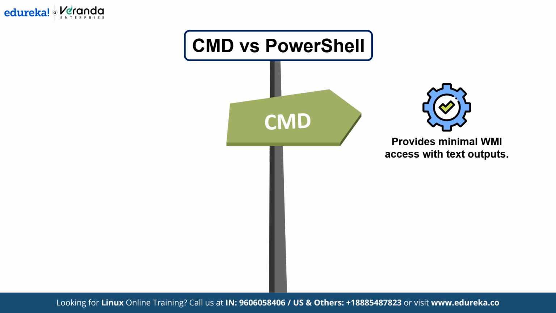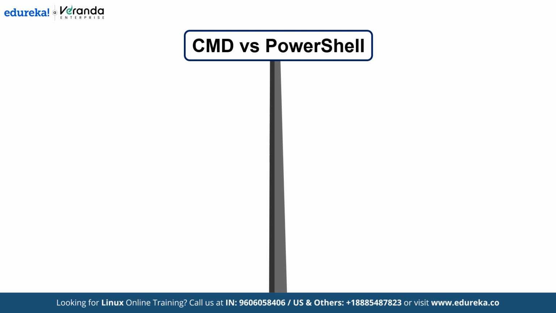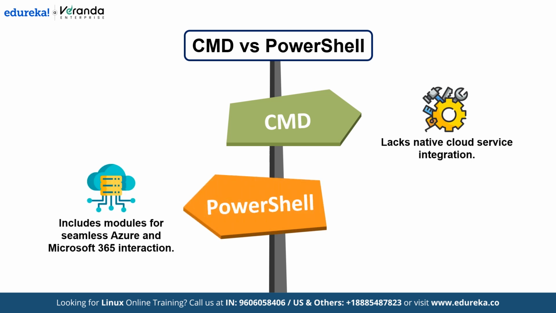Then we have the Windows Management Instrumentation integration. Command Prompt provides minimal WMI access, limited to text outputs, whereas PowerShell offers robust WMI interaction with cmdlets and WQL support. Next is the Microsoft online connectivity. Command Prompt lacks native cloud service integration, whereas PowerShell includes modules for seamless Azure and Microsoft 365 interaction.